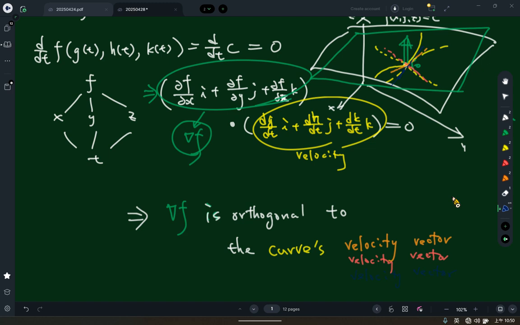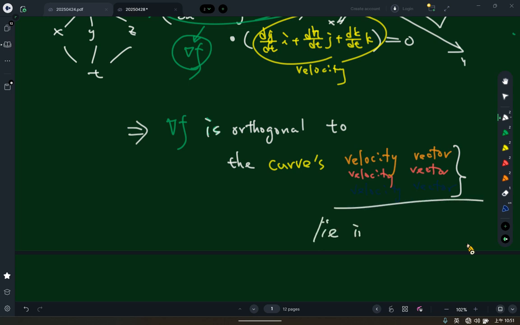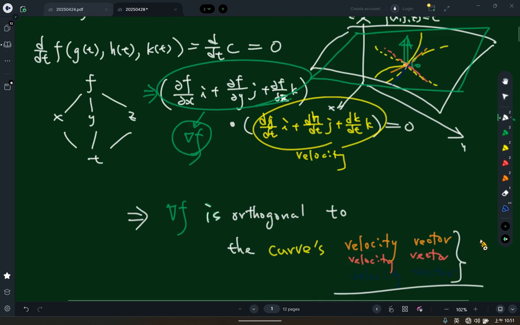So why did I repeat it 3 times? Because this velocity vector is for the orange one, this velocity is for the red one, and this is for the blue one. But because they are all orthogonal to the gradient vector, they can form the tangent plane. That means these 3 vectors lie in the tangent plane.